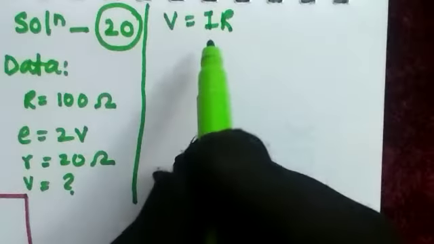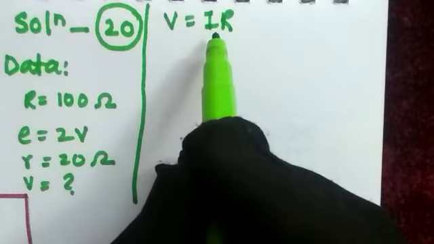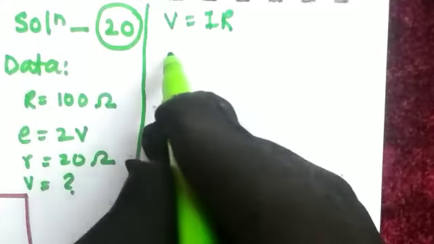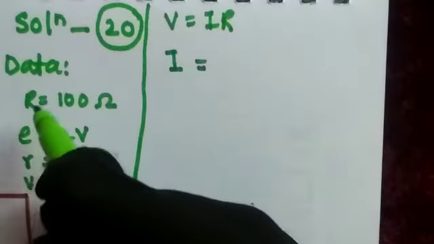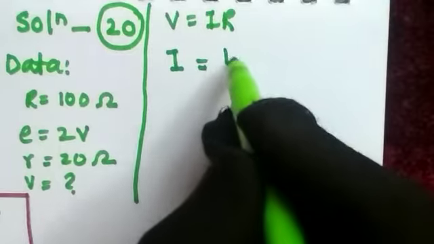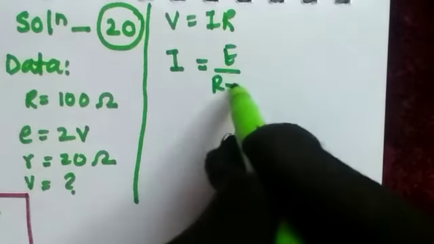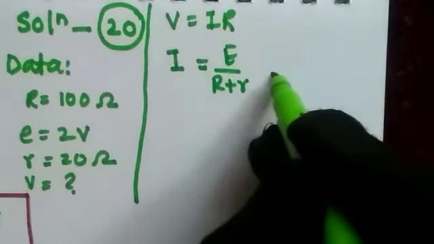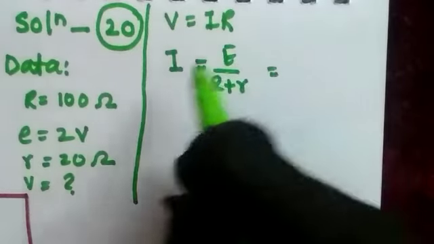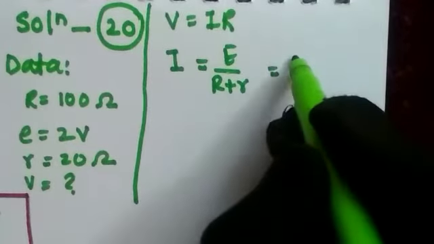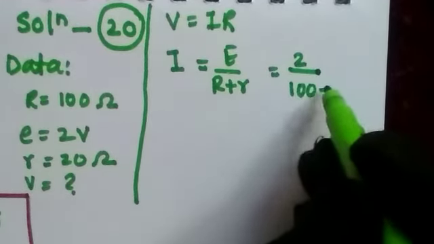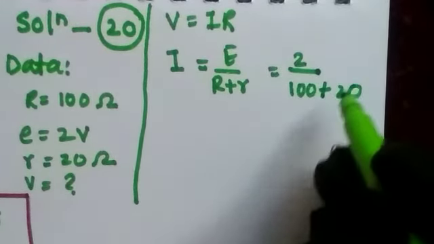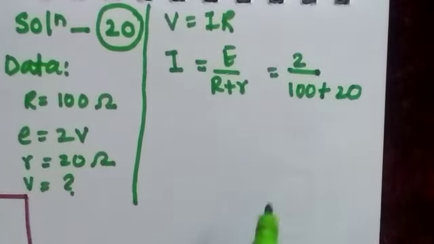But here we do not have the value of current. So how to find the value of current? Again, here you have internal resistance and one more resistance. So again I is nothing but E upon R plus r. So when you substitute all the values, that is 2 upon 100 plus 20, that is 2 upon 120.